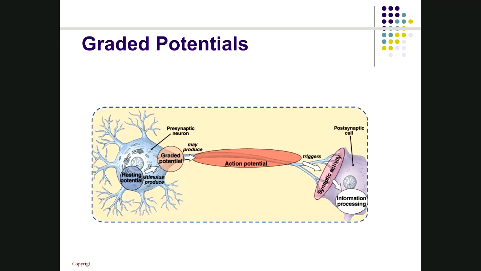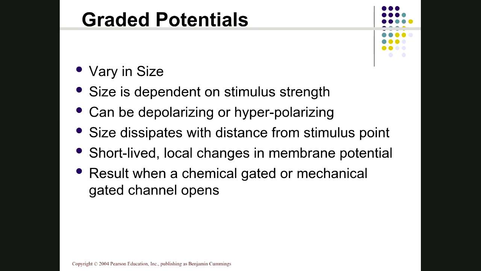So that's graded potentials. Graded potentials are called that because of some characteristics they have. One of the characteristics of graded potentials is that they come in different sizes. Look at this. If I have this whole thing right here, and here is a gated channel, and here is a gated channel, and here is a gated channel, and so on.